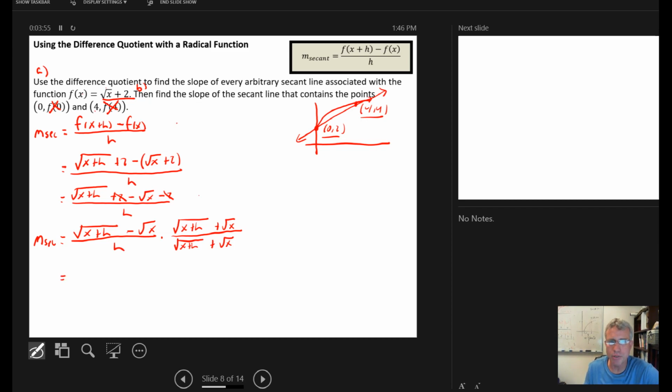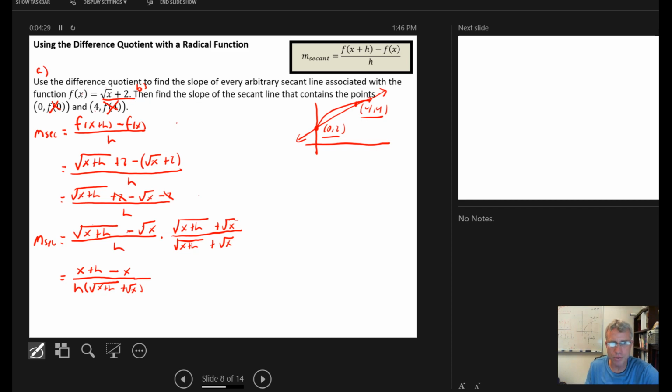And when we multiply this out, when we do products of conjugates, we just get the a term squared minus the b term squared. So I get square root of x plus h times square root of x plus h is just x plus h, minus square root of x times square root of x is x. I don't need to worry about the middle terms because with conjugates, the two middle terms cancel each other. And here in the denominator, I get h times the square root of x plus h plus the square root of x.